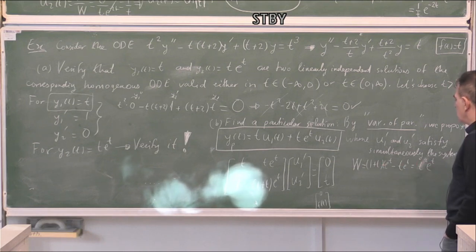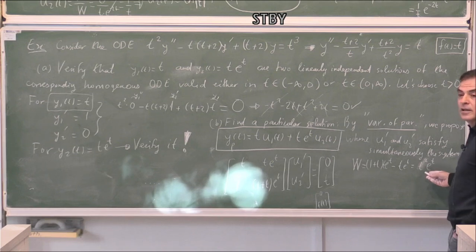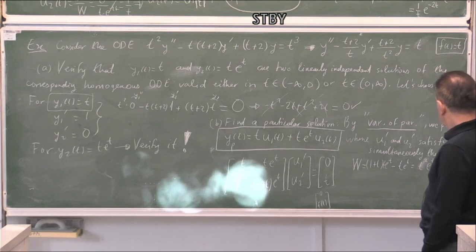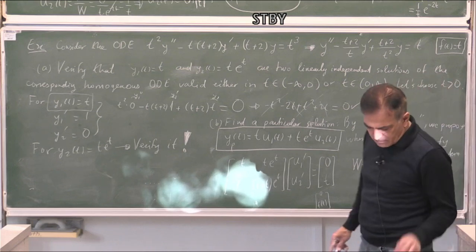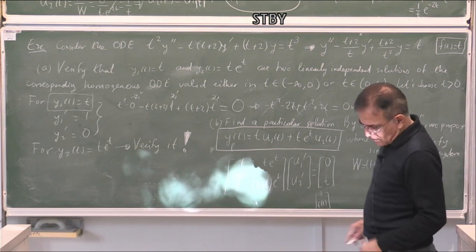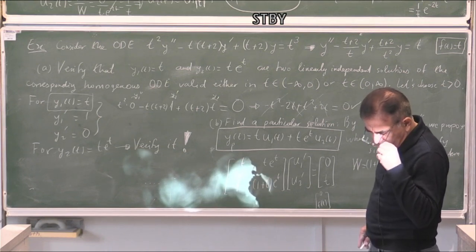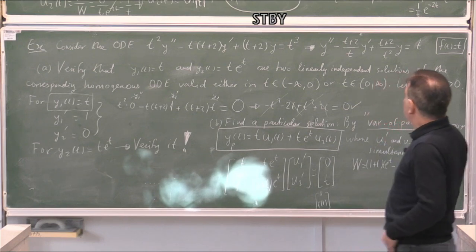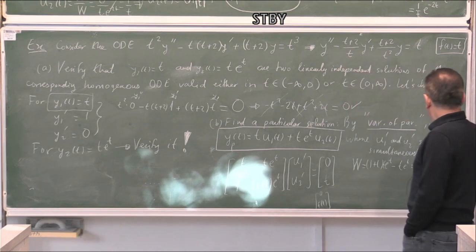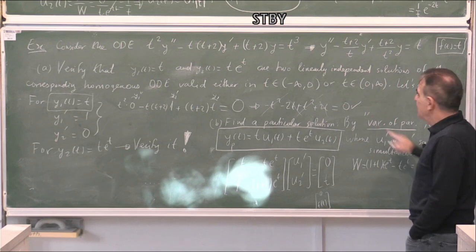Okay, this is the Wronskian determinant, and as you see, this is non-zero for all t except at 0.